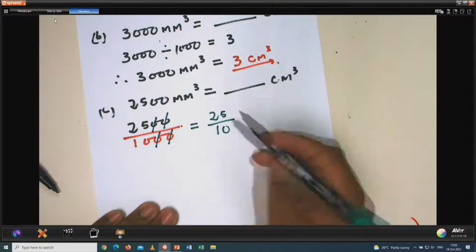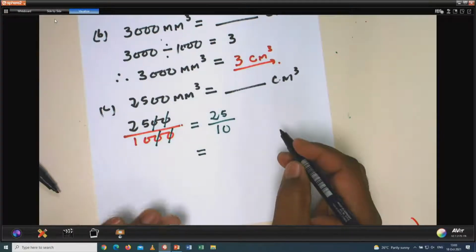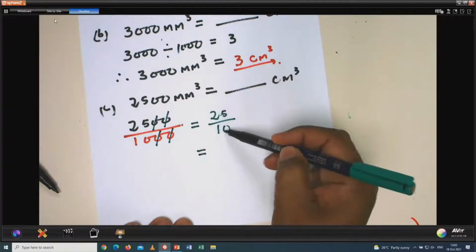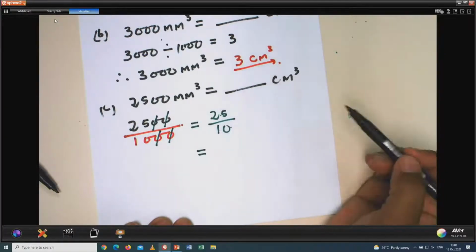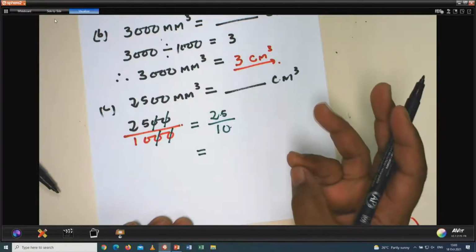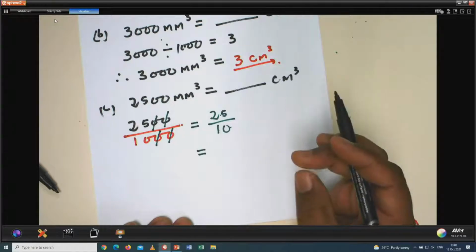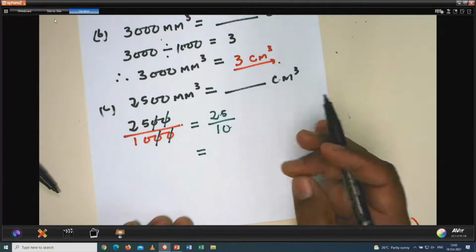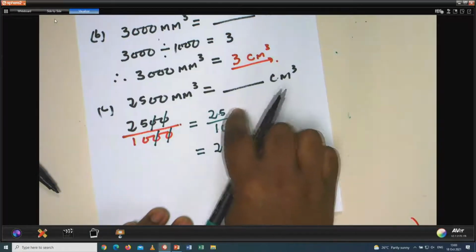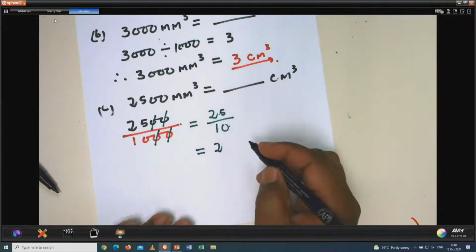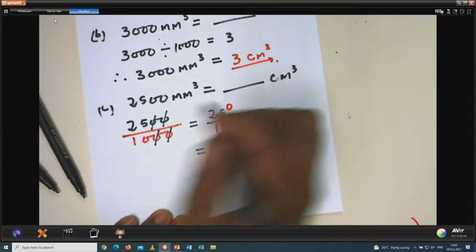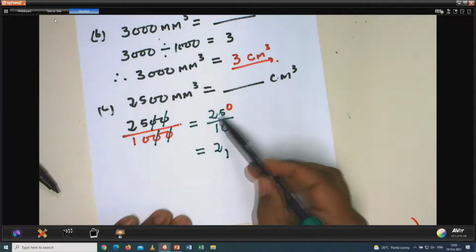Good. So now let's go. 25 divided by 10. How many tens are in 25? Let's do it this way: 10, 20, 30. If I go to the third 10, it skips, so it goes 2 times. Do I have another number there? No. Therefore I put a comma, and I know I have my 0 there. Now, how do you read this number?